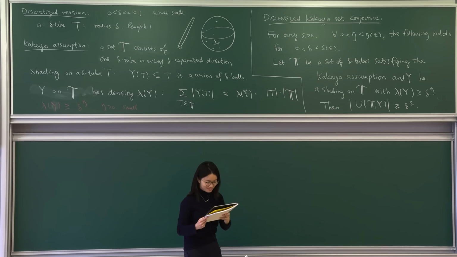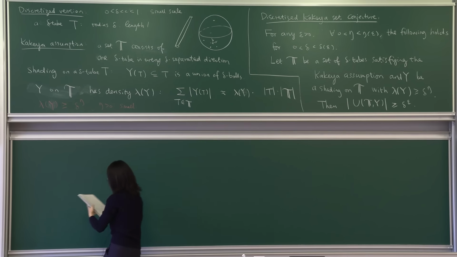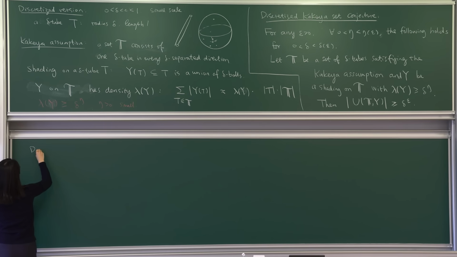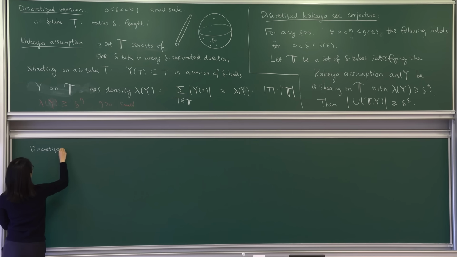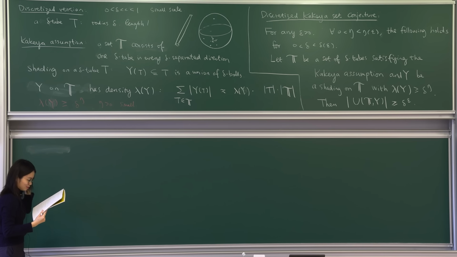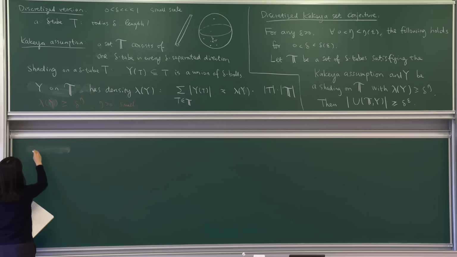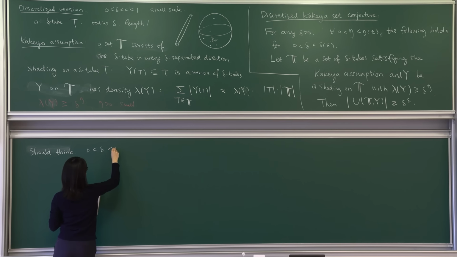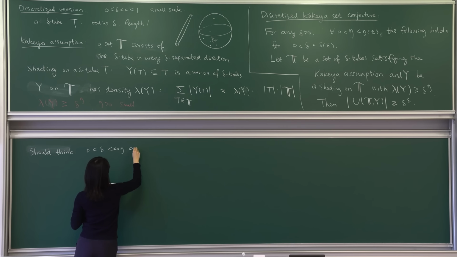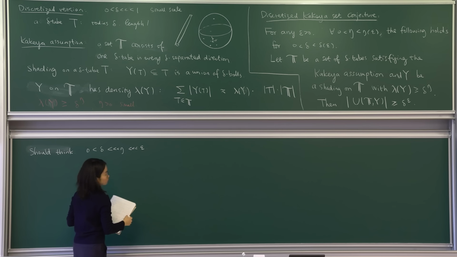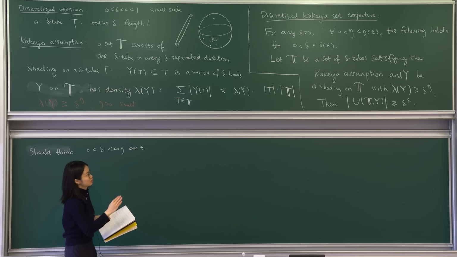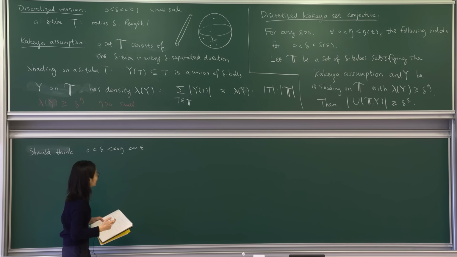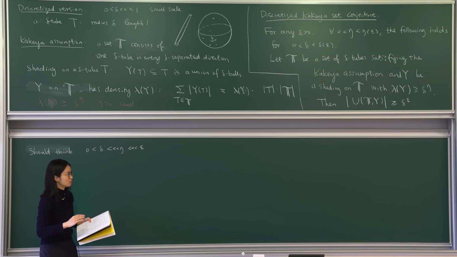Okay. I just said what I said, and I want to save some time. One should think that delta is much smaller than eta and much smaller than epsilon. And also, it's totally fine to not care about shading and to ignore a lot of pigeonholing.